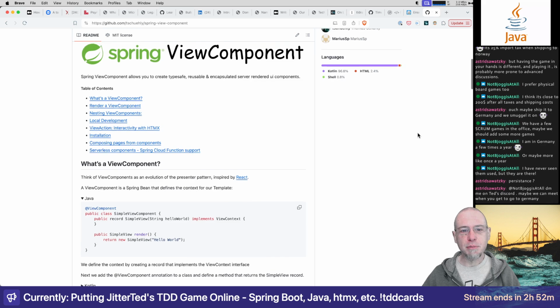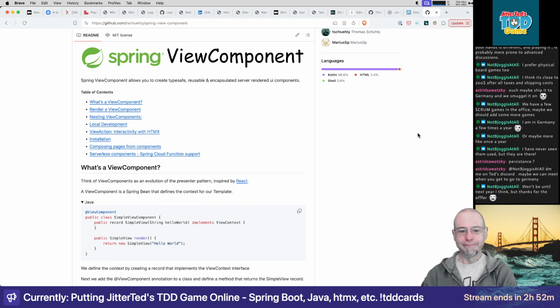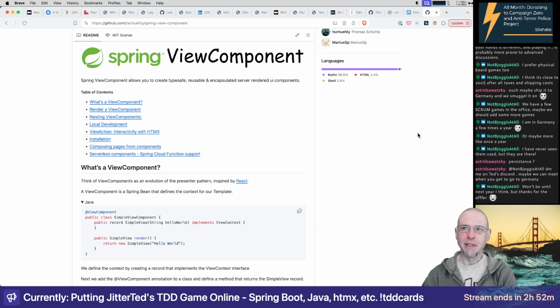So he has this thing called Spring View Component, which I've been looking at, and I'm all for using stuff that already exists, but there's something about it that just doesn't fit the way I'm thinking about my game. The other thing is it's a bit too integrated with Spring.